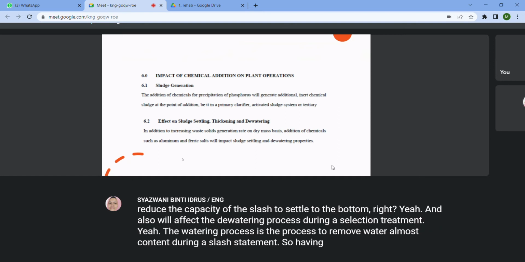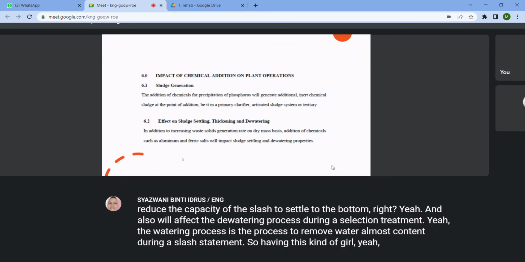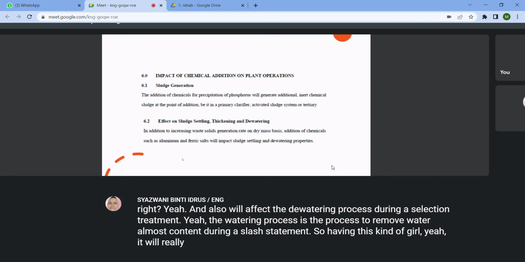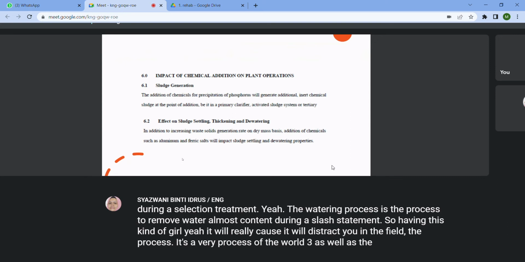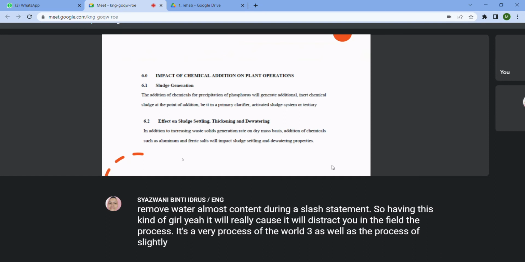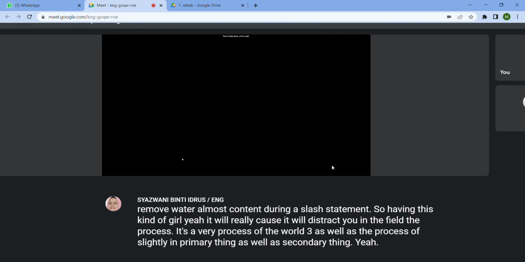So having this chemical will delay it a little bit. It will interfere with the process of dewatering as well as the process of sludge settling in the primary tank as well as the secondary tank.